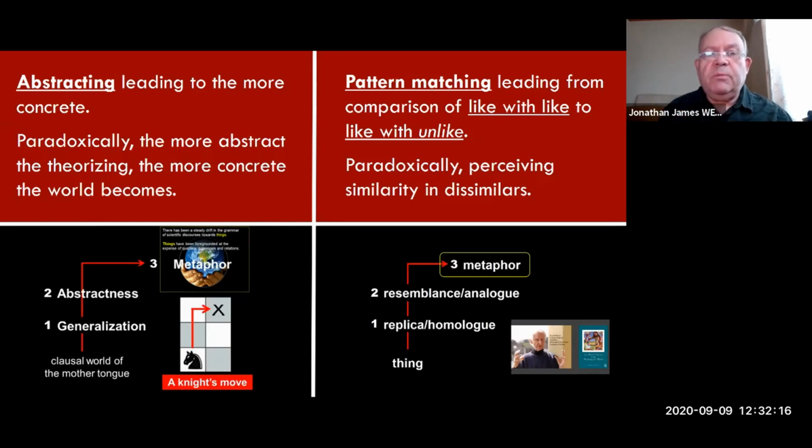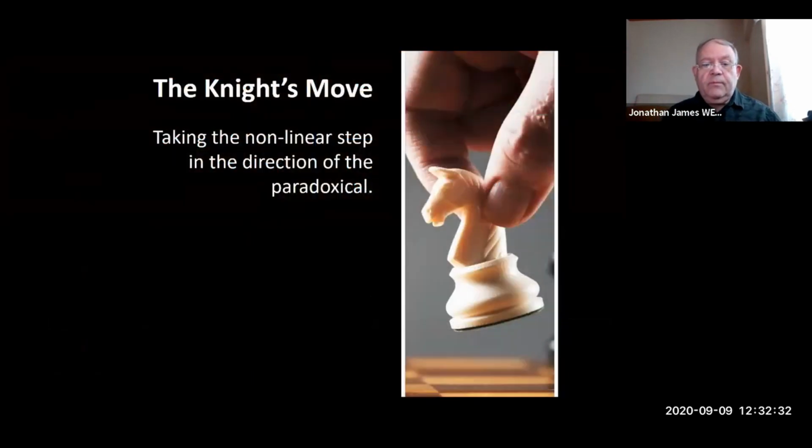The point I want you to take away from this is metaphor. It is the paradoxical. It is the non-linear step. It is the out-of-the-box thinking. What's the knight's move? Taking the non-linear step in the direction of the paradoxical.